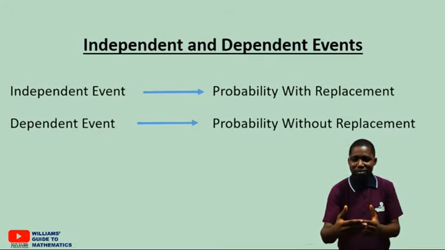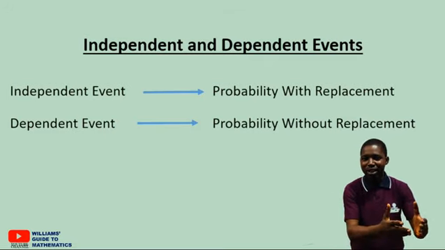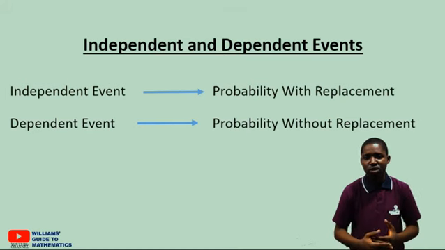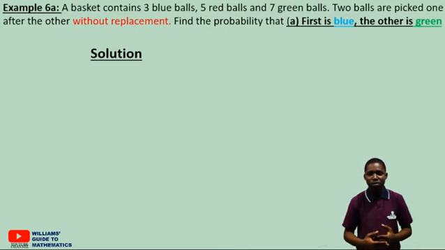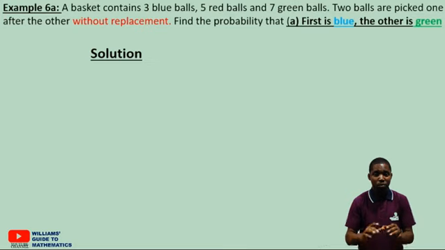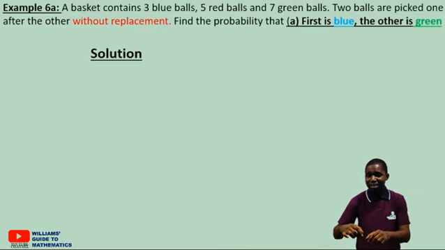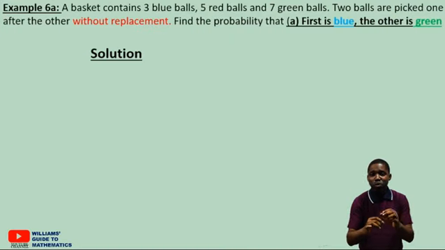I'll repeat the same example I did for independent events earlier. Let us look at that same example. We have 3 questions under the example. Remember, in the example, we have 3 blue, 5 red, and 7 green. But the major difference between this example and that is that in this example, I'll be considering without replacement, which explains dependent events.